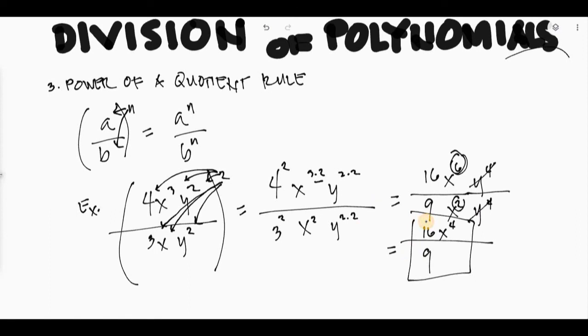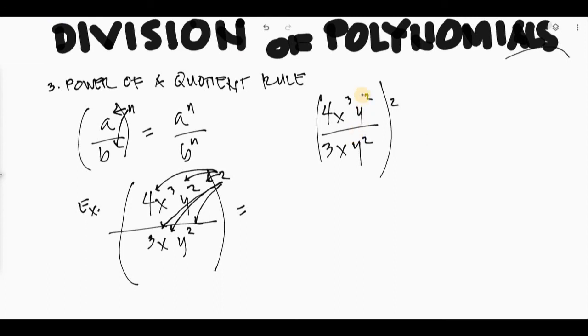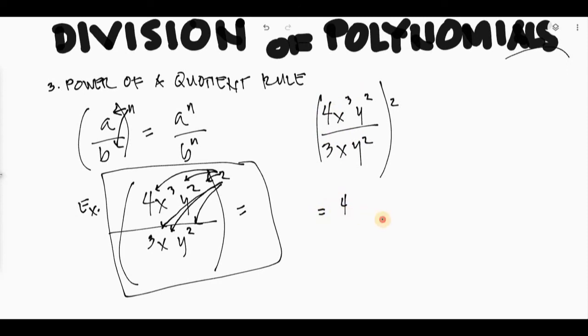Another way to solve this is the way I will give you now. Earlier we distributed one by one. This time, we can simplify first what is inside the parentheses. 4/3 we can write as 4/3. Then 3 minus 1 gives x raised to 2.